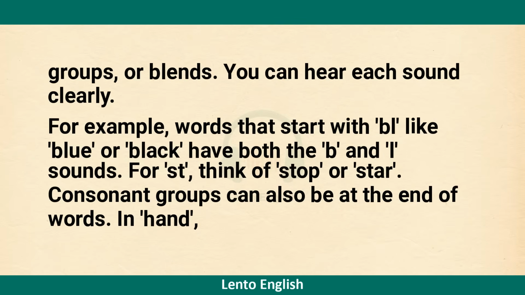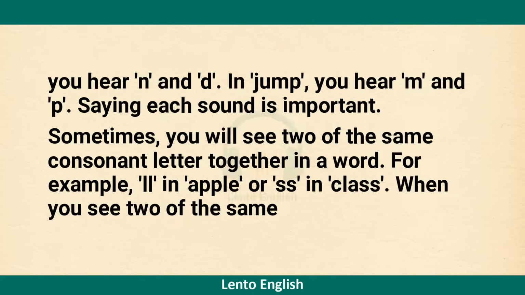For example, words that start with BL like blue or black have both the B and L sounds. For S blends, think of stop or star. Consonant groups can also be at the end of words. In hand, you hear N and D. In jump, you hear M and P. Saying each sound is important.